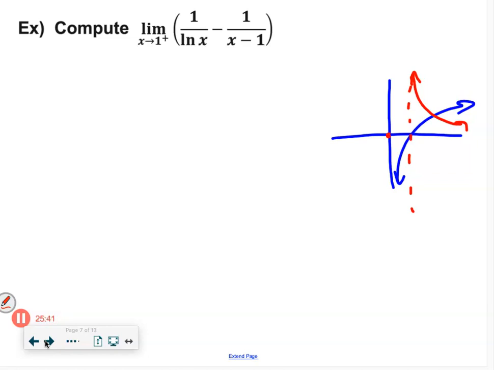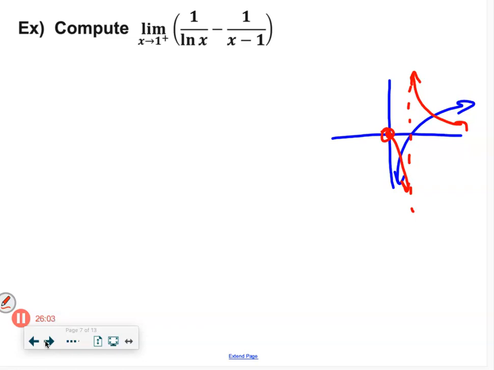Same thing over here. This guy's going to start here, it's actually an open circle, and go down. Yes? So are we saying that 1 over 0 is infinity? We are saying the limit as x approaches 0 from the right of 1 over x is infinity, which is what this is. And that's the case for the last one, yes, for both of them.